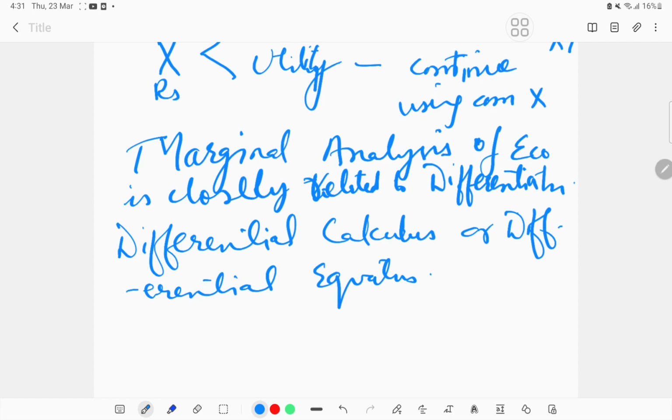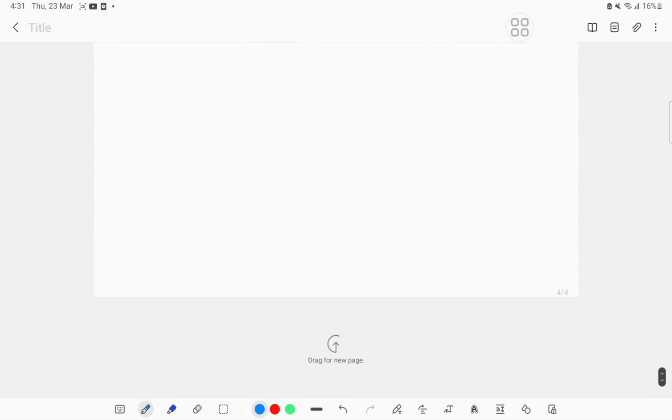Therefore, all such types of marginal analysis of economics problems can be very precisely and exactly solved with the help of differential equations. जितने भी हमारे इकोनॉमिक एनालिसिस में जो मार्जिन एनालिसिस है, जितना चेंज आया यूटिलिटी में, वो सब हम डिफरेंशियल इक्वेशन से ही सॉल्व करते हैं.